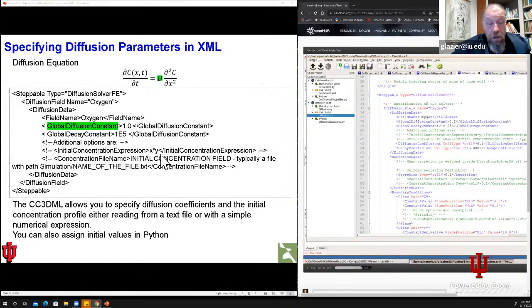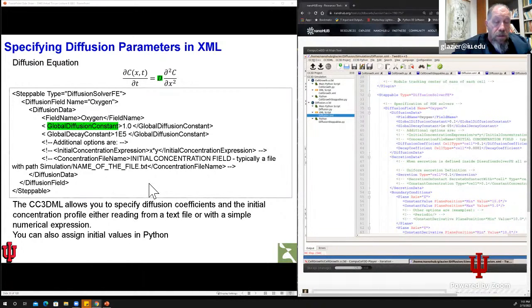So if you want to create a linear gradient or a circular gradient, you can do that. You can't do very elaborate math, but you can do basic math. You can read in the concentration from a file. It reads it in ASCII, so those are big files typically, but you can do that. And that defines the basics of the field specification.